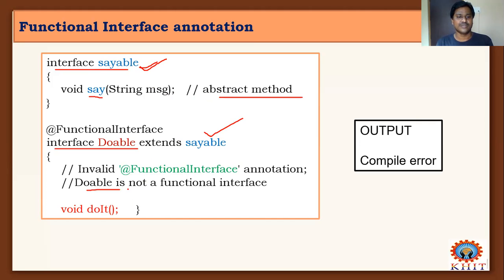So Doable is not a functional interface. Why? Because it has one method defined in it, that is void doIt. And when this interface Doable extends the properties of Sayable, it would have both the say method and the doIt method, but that completely violates the concept of functional interfaces. So whenever Doable wants to extend, no abstract method should be defined in it.